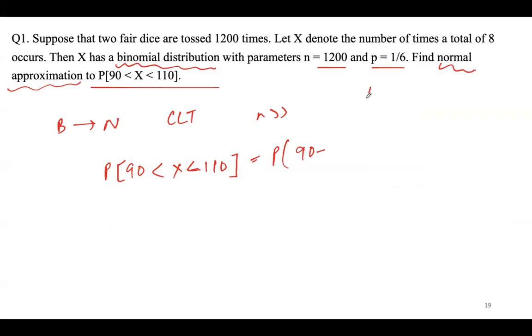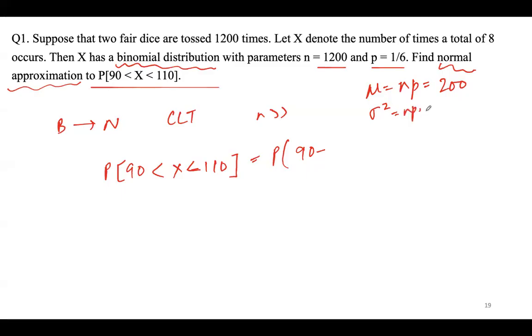For a binomial distribution, mu is np. Do you remember we talked about this in the first couple of weeks? So mu of a binomial distribution is np. Do you also remember the variance of a binomial distribution? npq. Perfect.